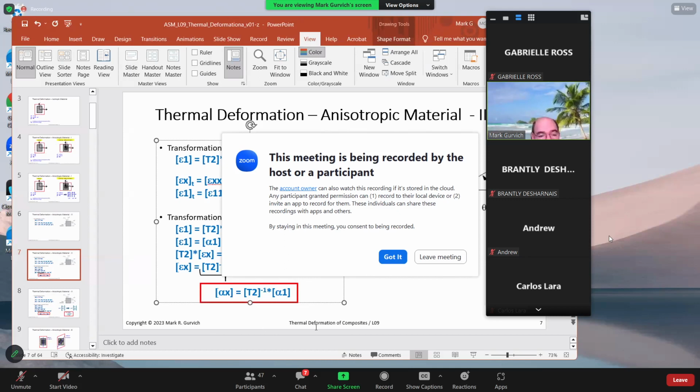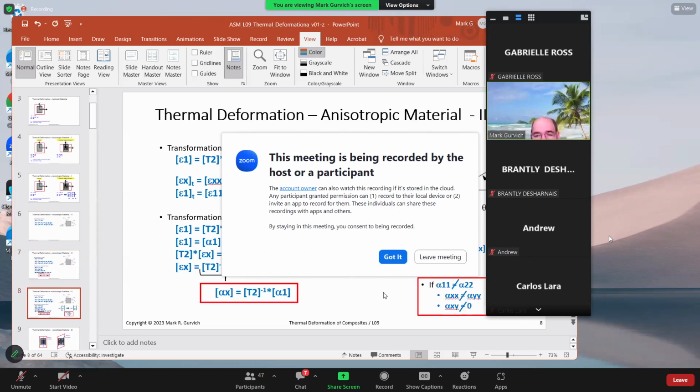Because from here we are moving to the next level, and a very important practical consideration. Here I put in a more explicit definition. So alpha sub 1, as we saw already, has three components: alpha 1,1, alpha 2,2, 0.